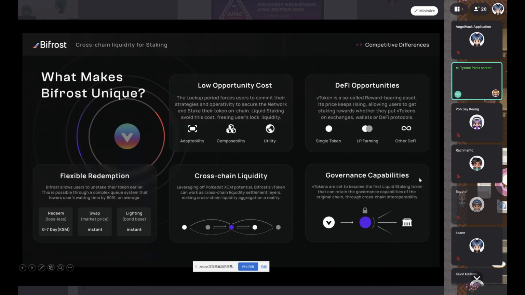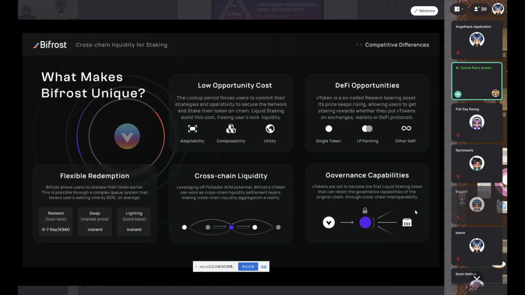And the governance capability is what we are developing right now. We want to give the right to vote to users who hold vGlimmer or vMover, so they can still participate in the governance of Moonbeam and Moonriver. So if you are a vGlimmer or vMover holder, you can still get into the governance of Moonbeam and Moonriver.